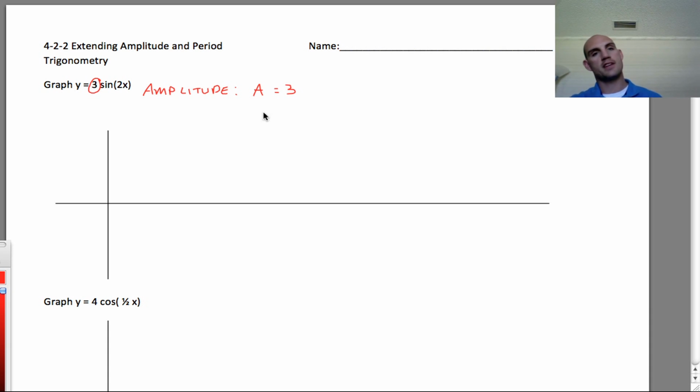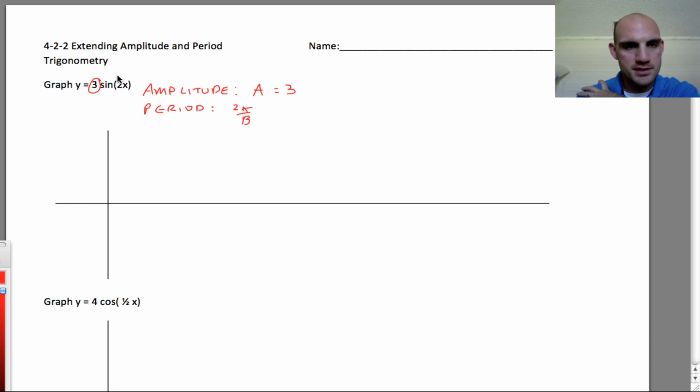It's 3, so that's how high and low it goes. When we talk about our period, that's how long our graph goes before it starts to repeat itself. We remember that this is 2 pi normally, except we're going to divide it by b, which is 2 here. So we're going to have 2 pi over 2, which is pi.